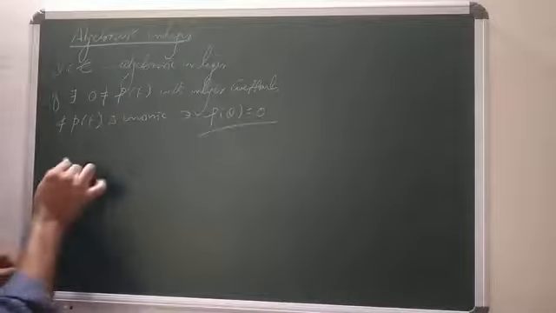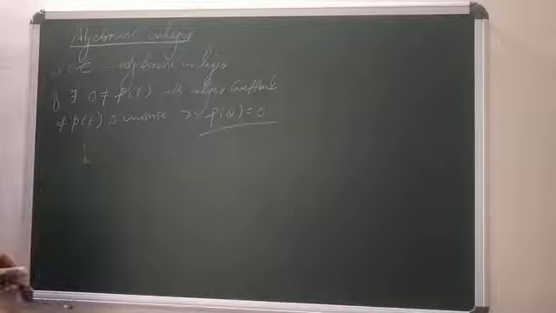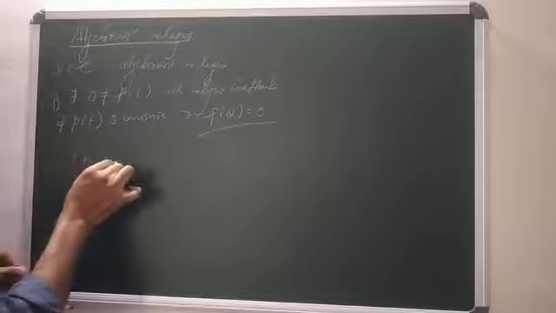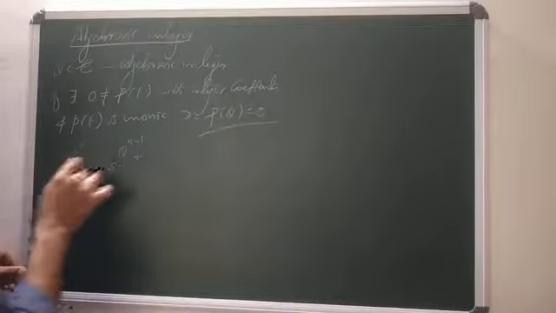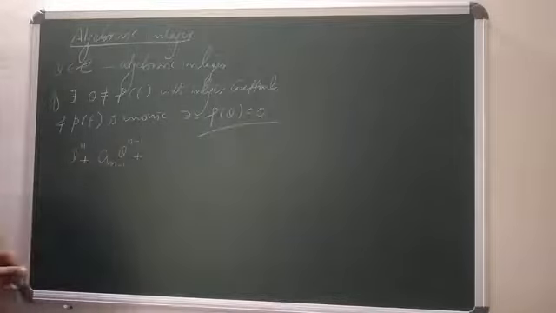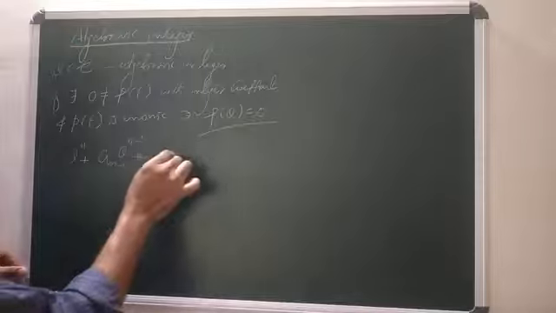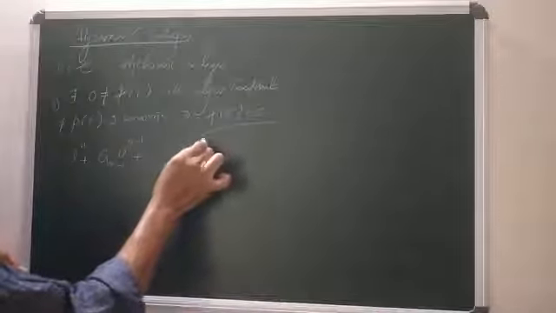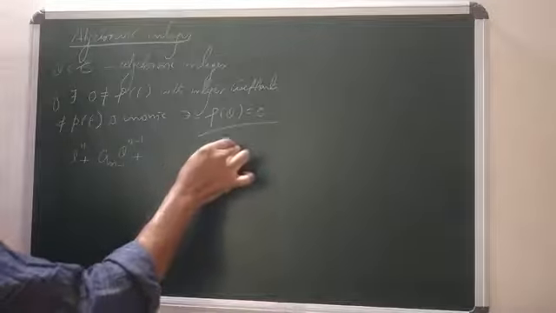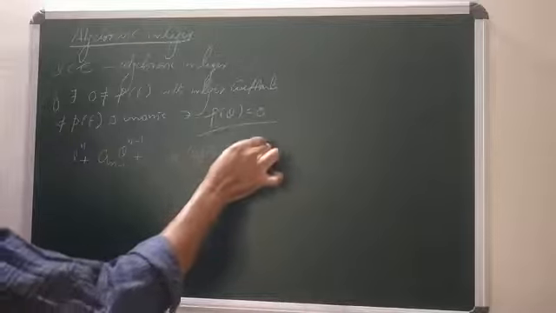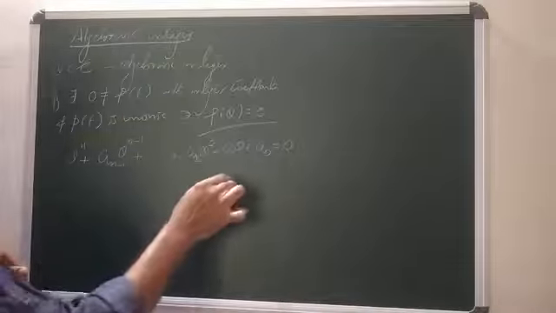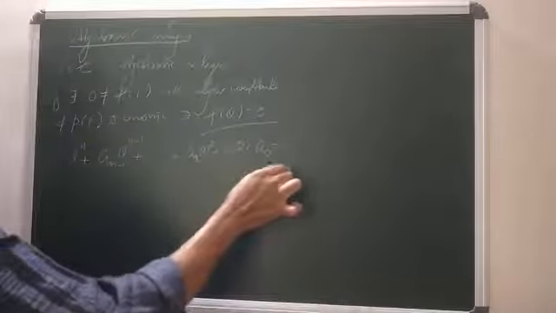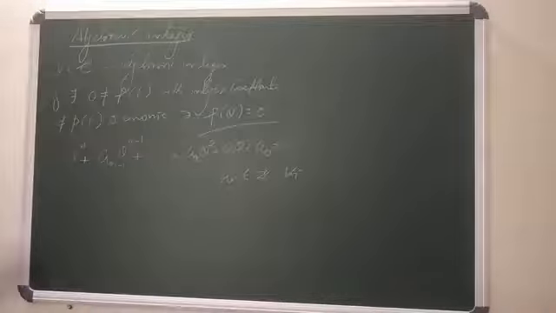P of theta equals 0 means it is of the form theta power n plus a n minus 1 theta to the power n minus 1 plus etc. plus a2 theta square plus a1 theta plus a0 equals 0, for all ai integers.